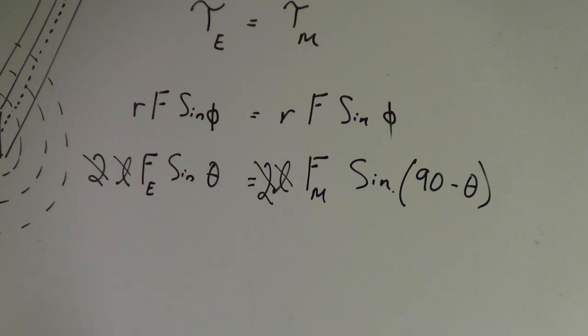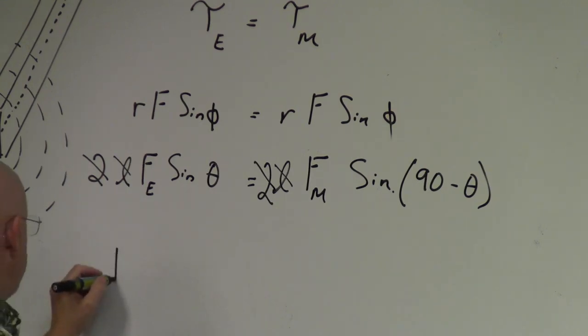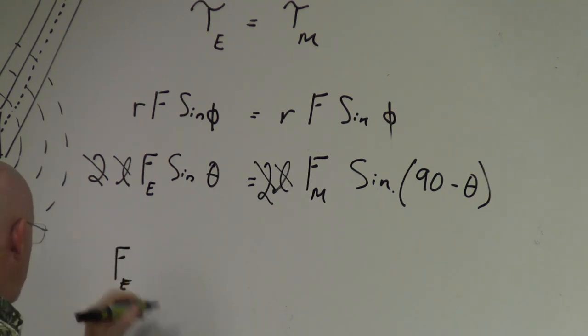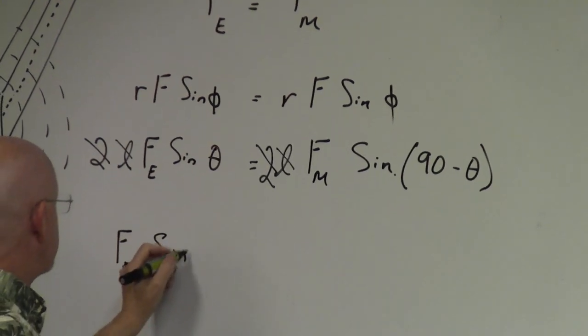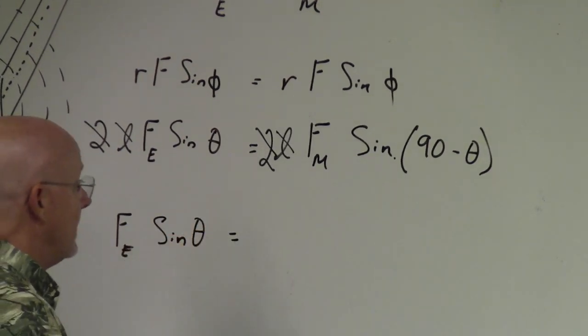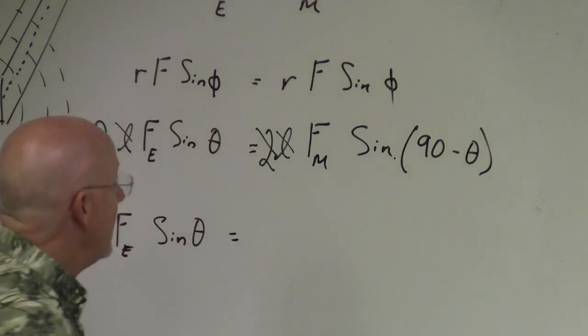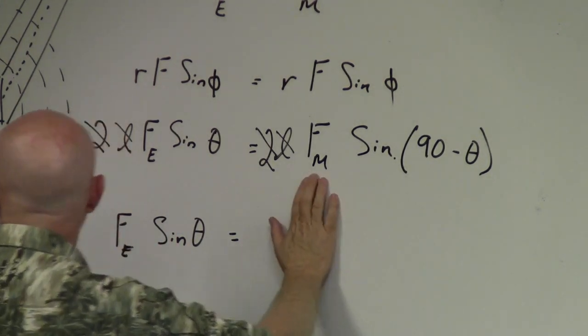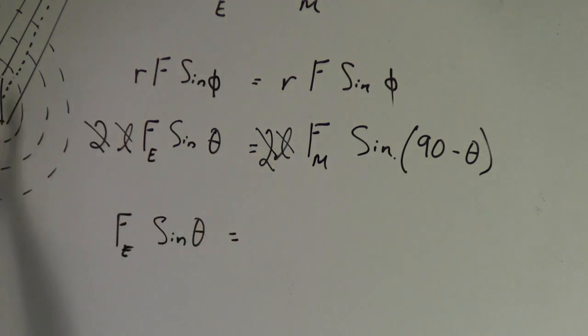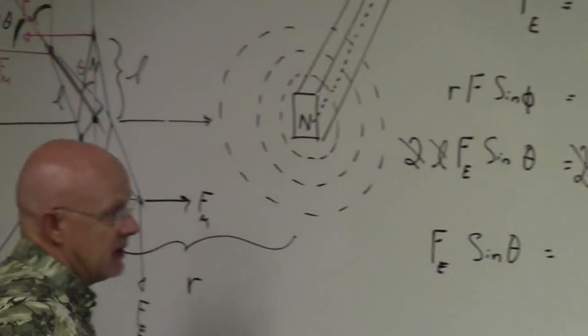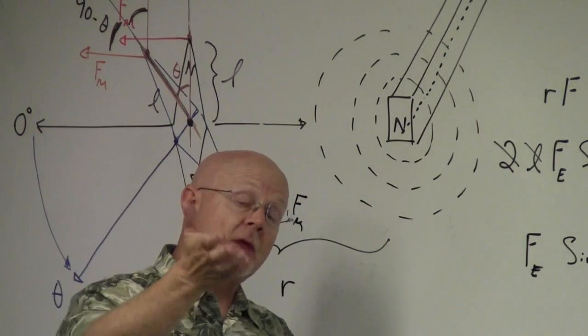The two big things I want you to see are here. I'll leave the force of the Earth alone for a moment. I'll leave sine theta alone for a moment. But these are the two things I want to look at. I want to say this, that the force coming from this magnet should change with distance, and I'd like to discover what that is.